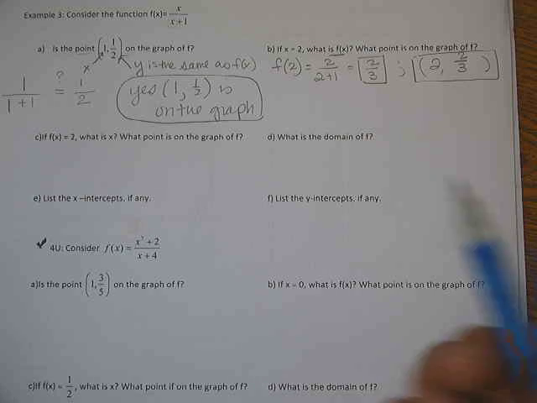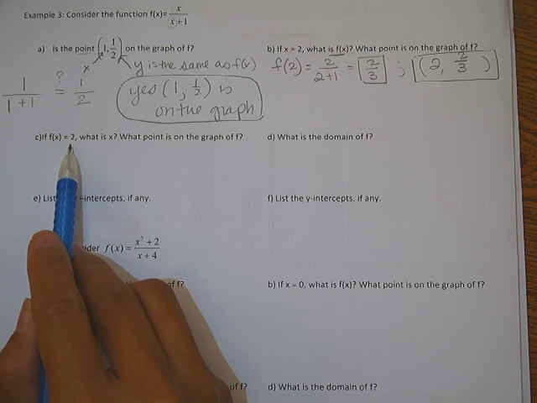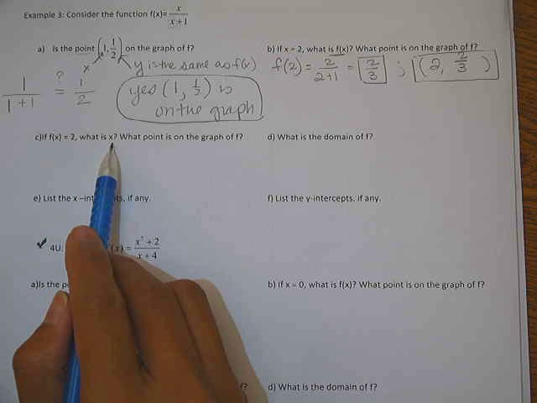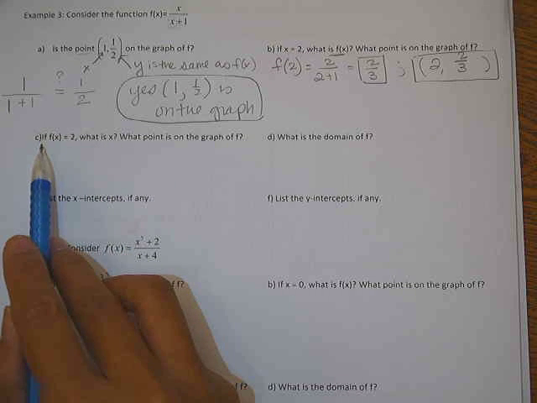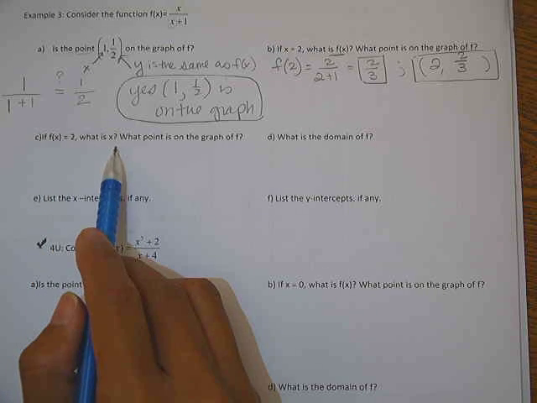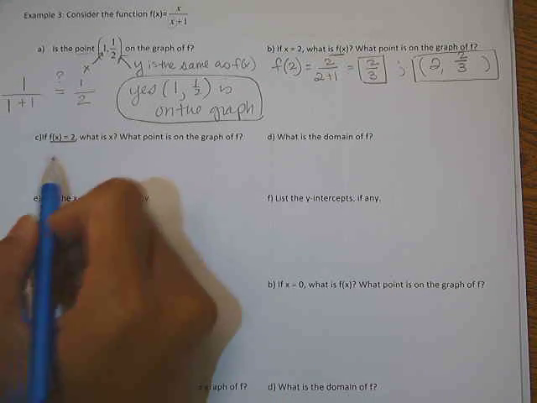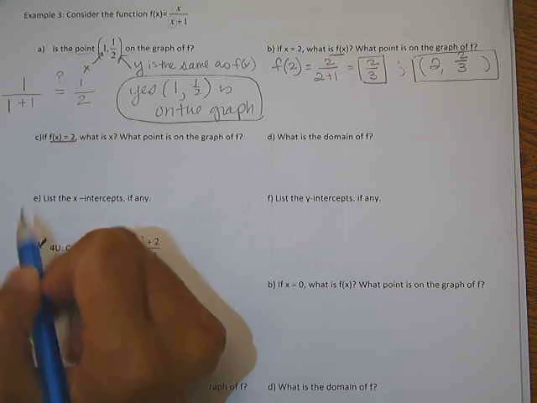Part C. If f of x equals 2, what is x? Let's read this again. If f of x equals 2, what is x? So this value right here, is that an x value?